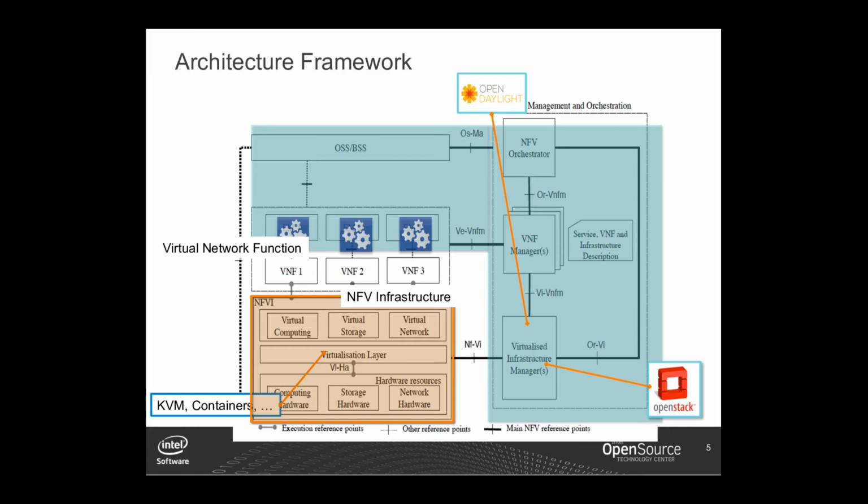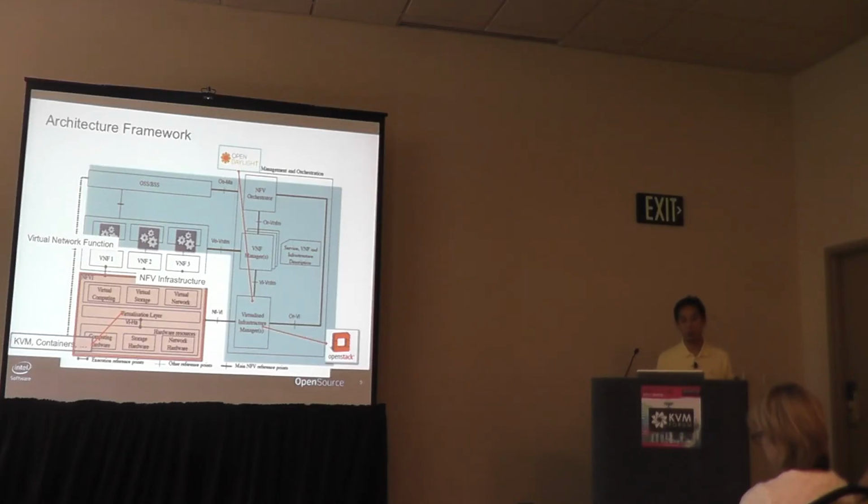Okay, this is a typical framework, a very conceptual picture, but it's not just a hypervisor. You need orchestration like OpenStack and also SDN control like Open Daylight. Then you have the NFV infrastructure powered by KVM and containers, and on top of that you have VNFs.